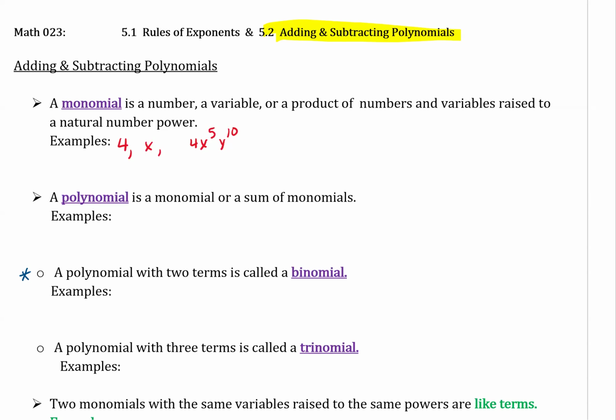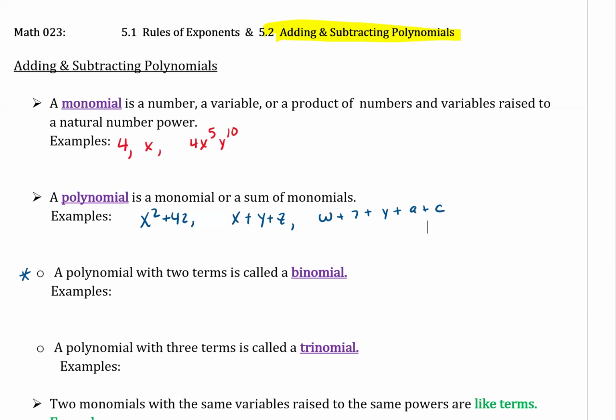So polynomials could be x squared plus 42. It could be x plus y plus z. It could be w plus 7 plus y plus a plus c. You get the idea? Polynomial is just a big umbrella.